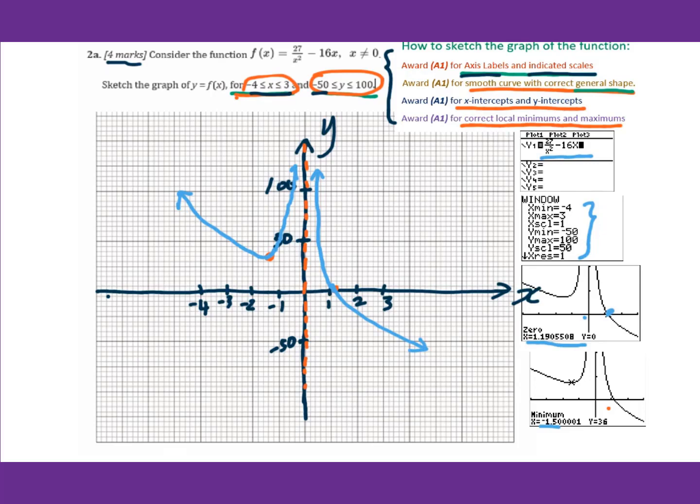Please remember how you can get these 4 marks. The axes are labeled and the scale indicated. Then the smooth curve, then all x-intercepts and y-intercepts. We don't have a y-intercept here. Then the local minimum or maximum points.